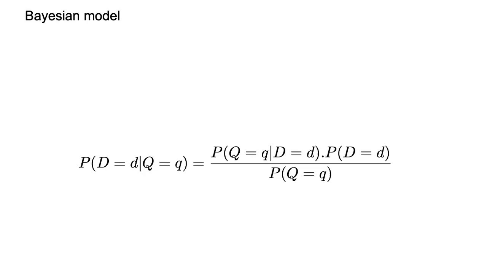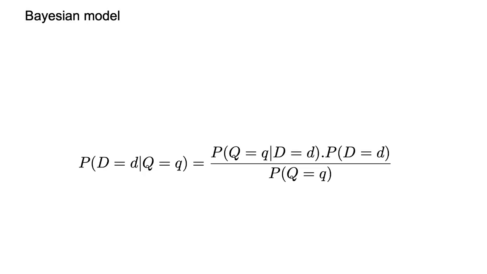So I'm asking for the probability that it was document small d, given that it produced a document small q through the model. Well, let me swap the two sides using the Bayes formalism. So now I end up with the probability of producing a query, producing a document small q, given that I picked document small d, with the two correcting factors of the Bayes formula, right? I multiply with the probability that it's d and divide that by the probability that it's q.